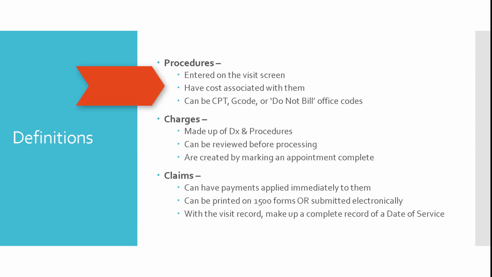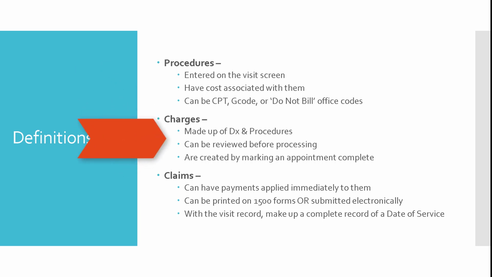Procedures are the individual codes that are entered on the visit screen. Procedures can be CPT, G codes, or your own office codes marked as Do Not Bill for items like supplements, durable medical goods, or services that will not be submitted to payers from the time of service.